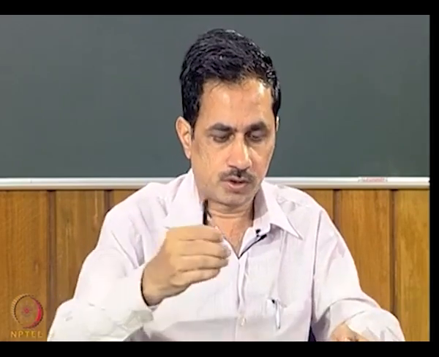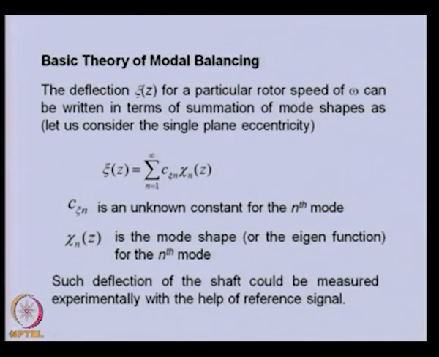Now we know the basic difference between flexible rotor and rigid rotor balancing, and we have introduced the modal eccentricity concept. Now we will focus on the basic concept of how we can use modal balancing for a rotor. In this particular case, consider the deflection of the shaft in the xi direction, which will be a function of z.